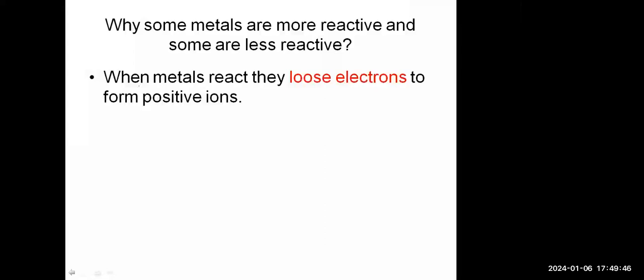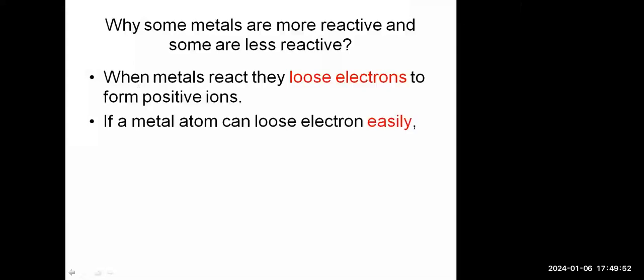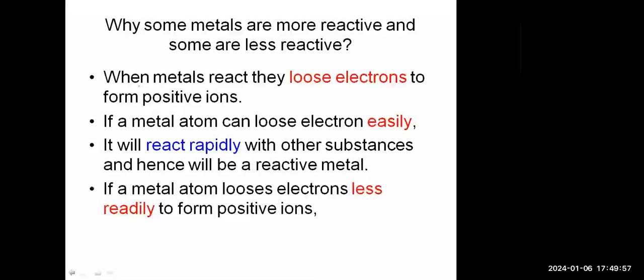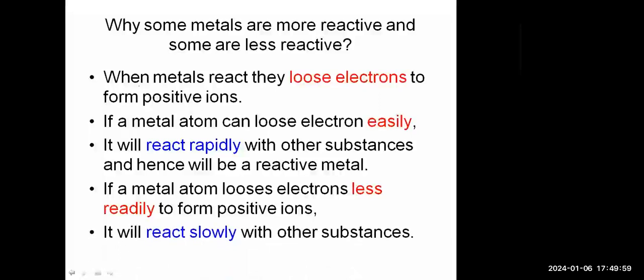So if they readily give away electrons, they are very reactive. And if they do not easily give electrons, they are less reactive. So basically, it depends on how readily they lose electrons, right? If they lose the electron easily, they are more reactive, else they are less reactive.